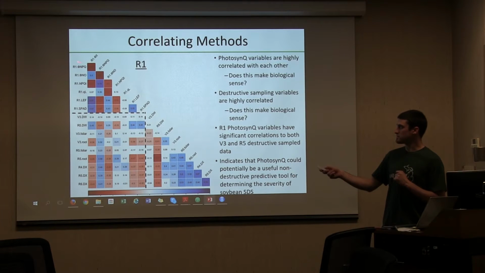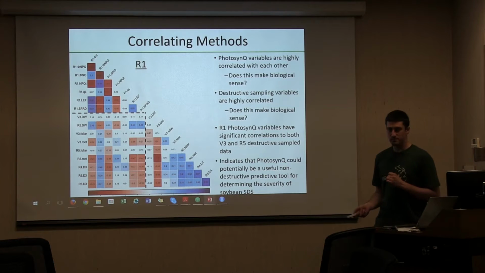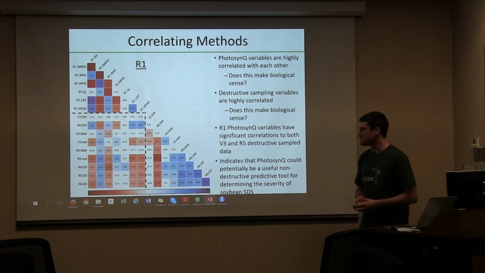We can see these 3 phi variables have this unique trend where phi-2 seems to be negatively correlated with disease development. Phi-NPQ seems to be positively correlated to disease development. And phi-NO, similar to phi-2, has a negative relationship with disease development.